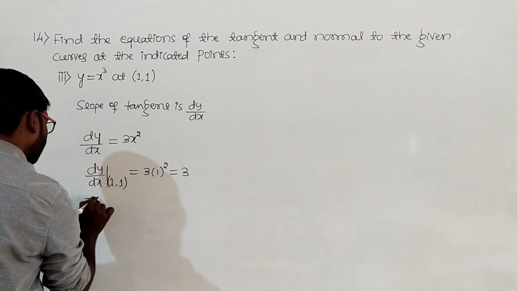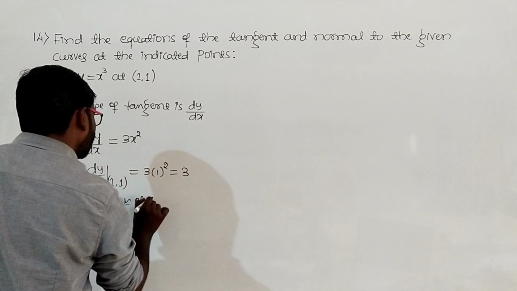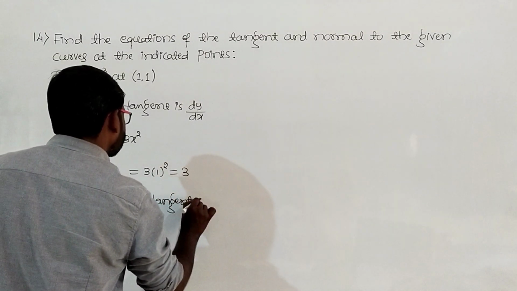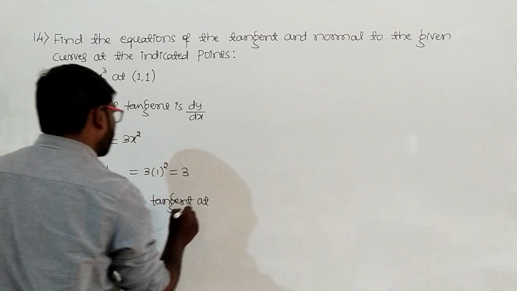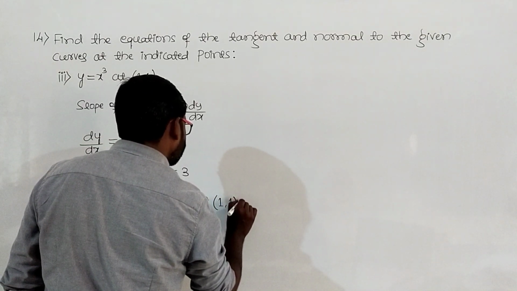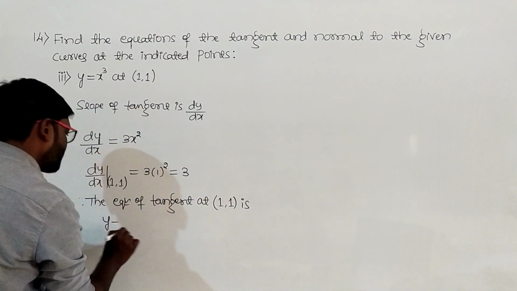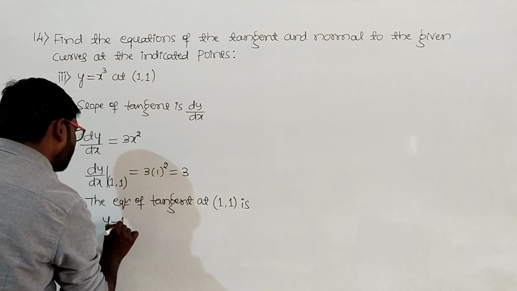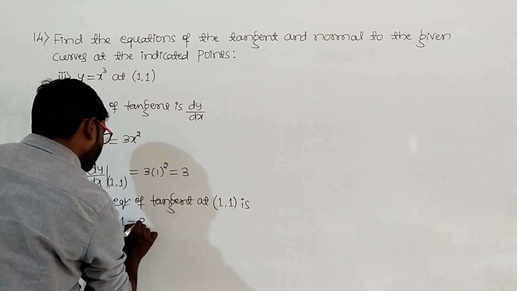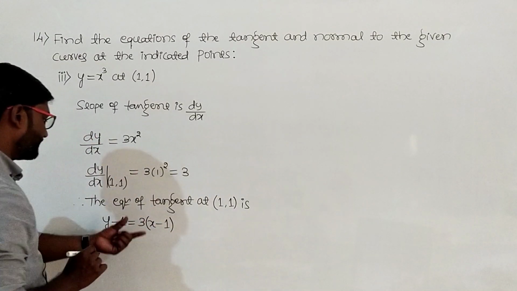So with the help of this, we can write the equation of the tangent. Therefore, the equation of tangent at 1 comma 1 is y minus y naught, y naught is 1, which is equal to f dash of x naught, it is 3, into x minus x naught, it is 1. Now let us simplify this.